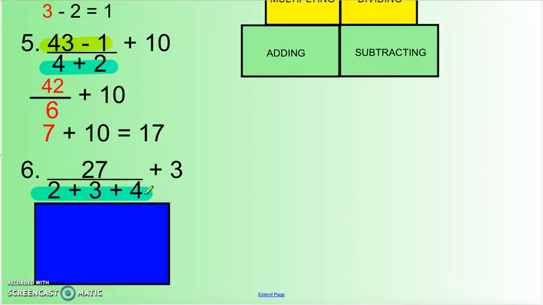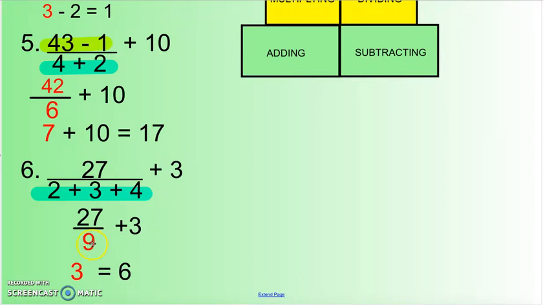It needs to be done first. We can't even do anything until we treat it as its own sentence and put it together. So we're going to do 2 plus 3 plus 4, which is 9. And so we get 9. And then we can start our whole process.